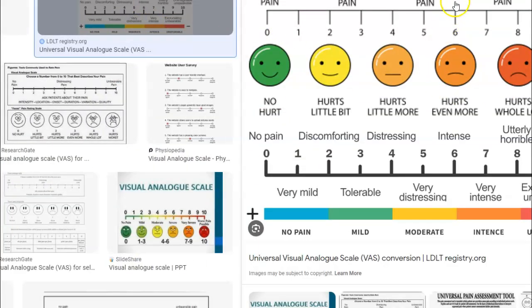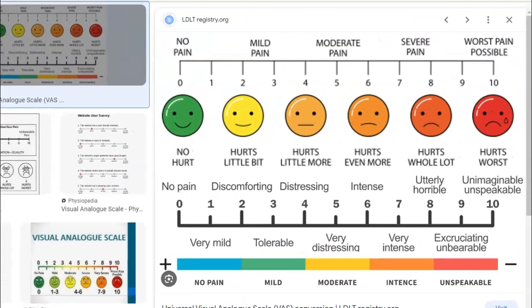Let me just move the camera. So you can see here that it has a number scale, but it also has some faces, and then it has no pain, discomforting, distressing, intense, horrible, unimaginable. So this is more visual.